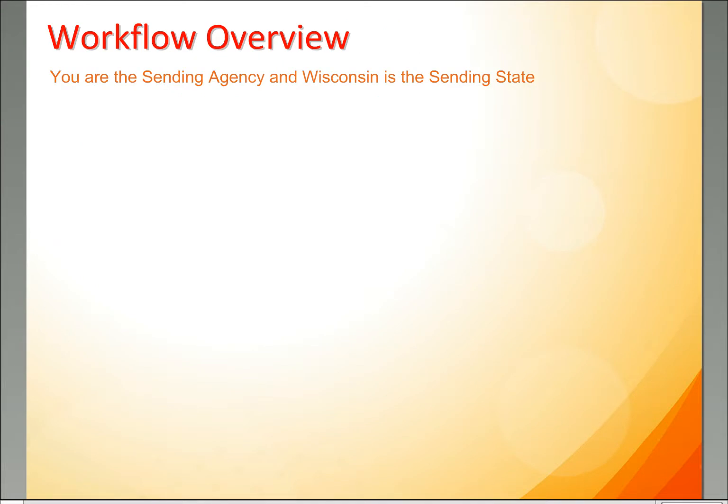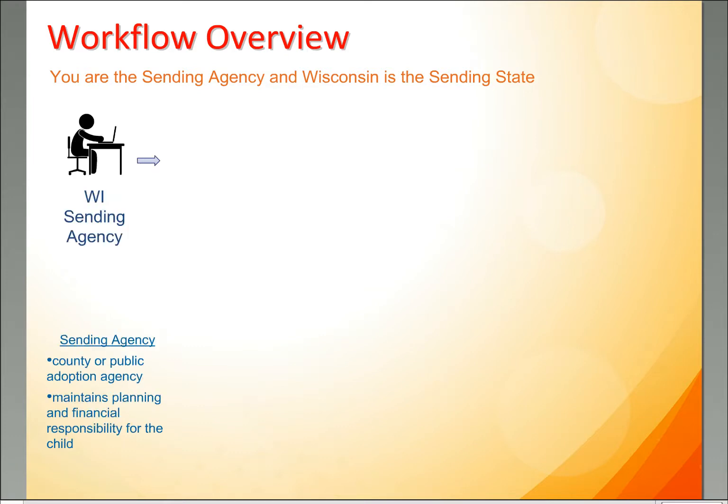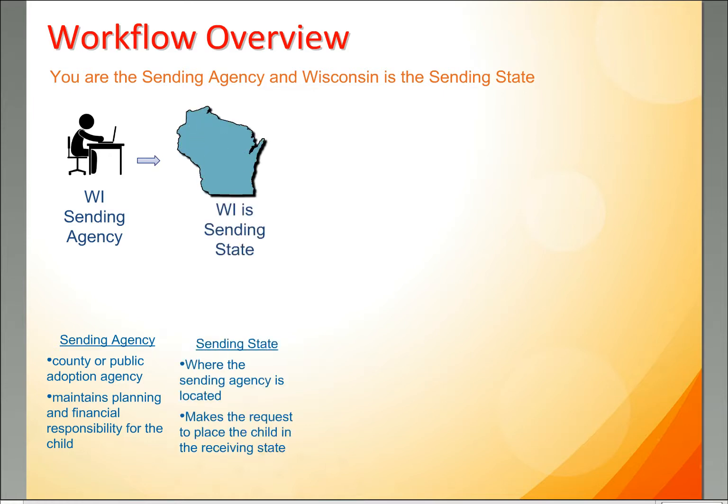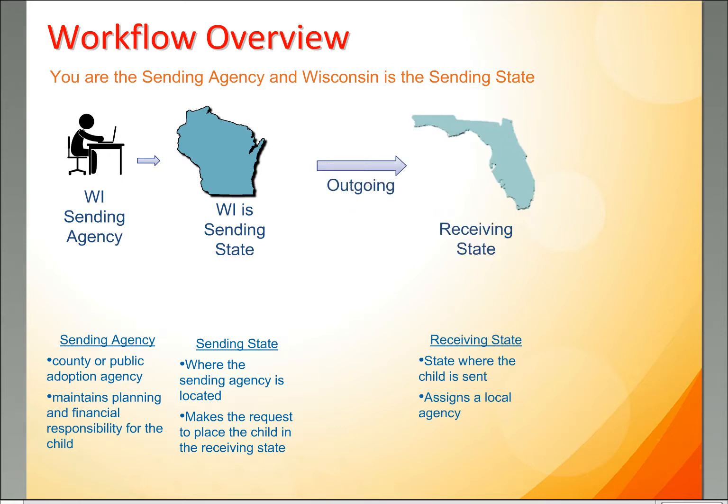First, let's briefly review the ICPC workflow when Wisconsin is the sending agency. It begins when there is a Wisconsin sending agency that would like to make placement of a child out of state. This is the county or the public adoption agency that will maintain planning and financial responsibility for the child. That agency submits the ICPC referral to the Wisconsin State ICPC office. Wisconsin is the sending state, and the office will send the referral to the receiving state ICPC office.